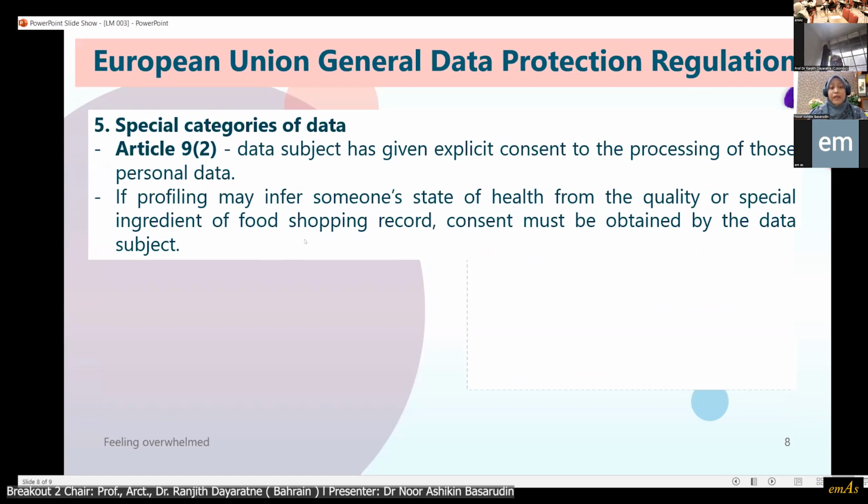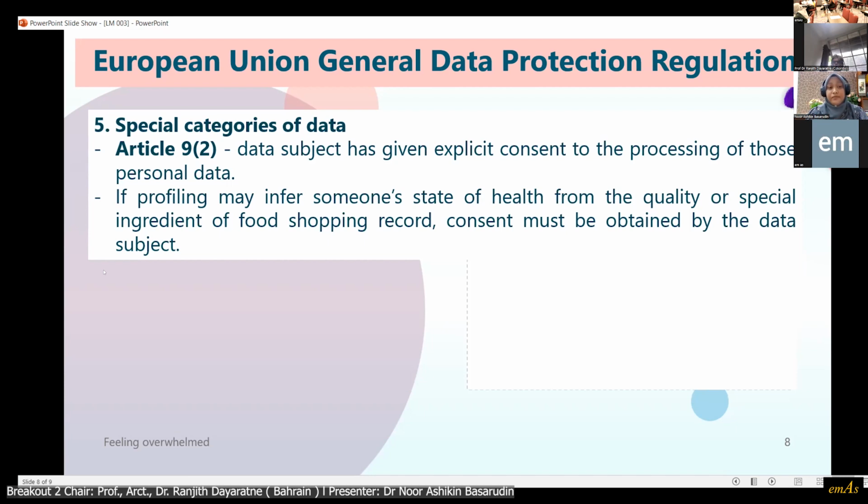For example, a customer who regularly buys items for high blood pressure online, it can be inferred that the person has high blood pressure, or someone buying medicine to abort pregnancy, which refers to the health status of a person.